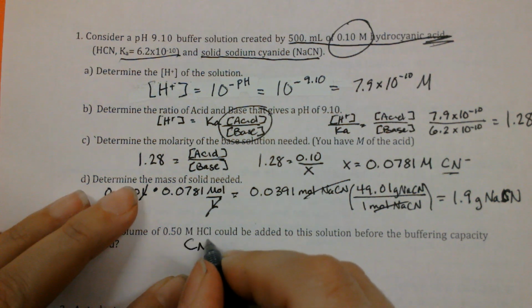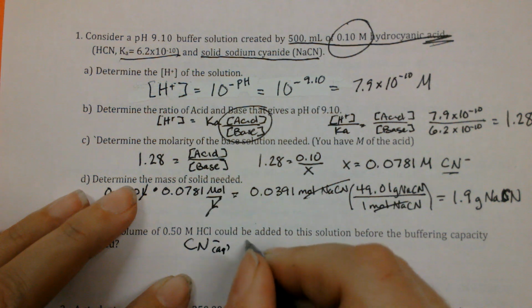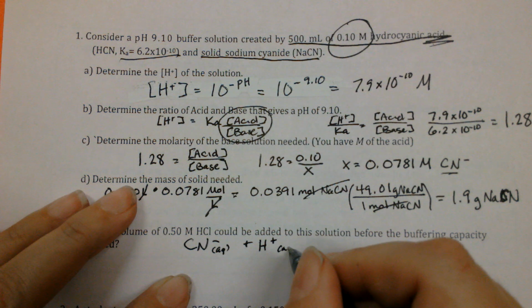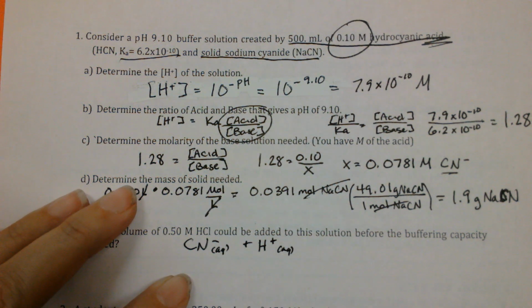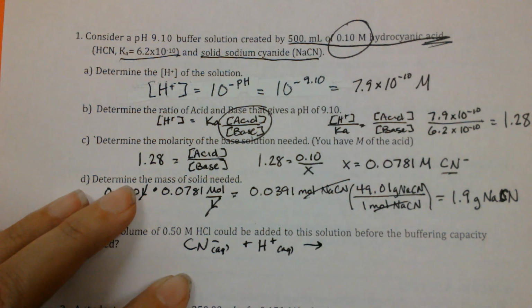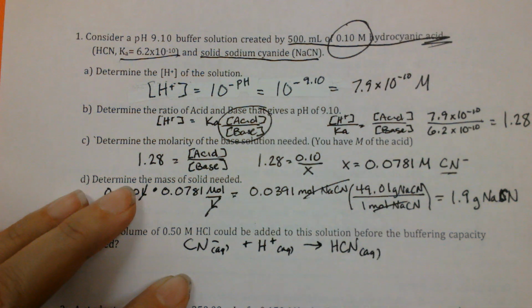We just need to react moles. So if I am putting in HCl, it is reacting with the base species. HCl 100% dissociates, so the sodium ion and the chloride ion from sodium cyanide and hydrochloric acid would just be spectator ions. So I'll drop them out of my net ionic equation.